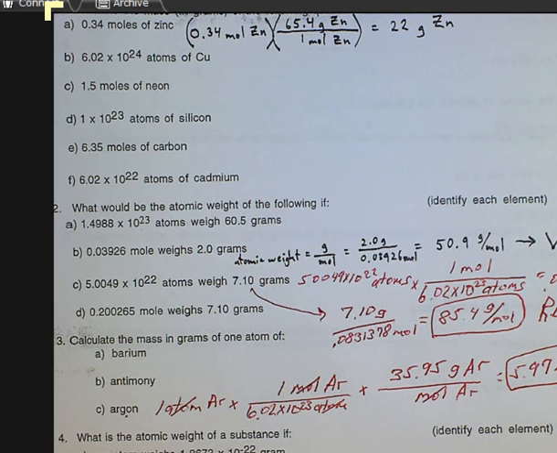So just like we did in 2C, where we had to convert this number of atoms to moles, we're going to do that in 4A. The only difference is we're starting out with one atom. And so we're going to convert that to moles by dividing through by Avogadro's number, 6.02 times 10 to the 23rd.